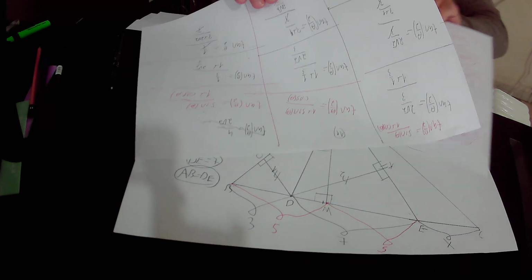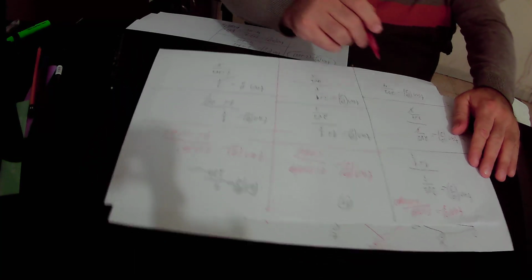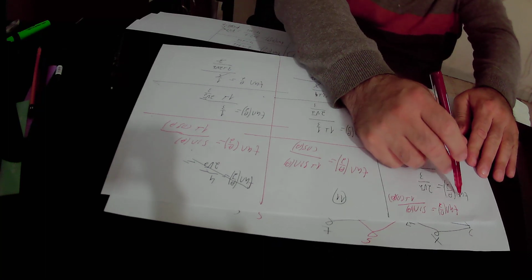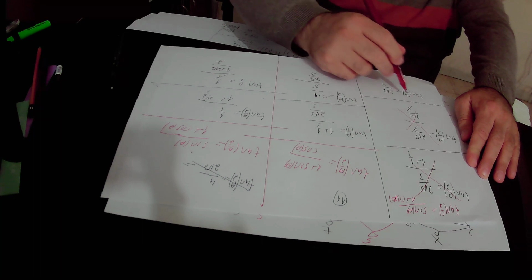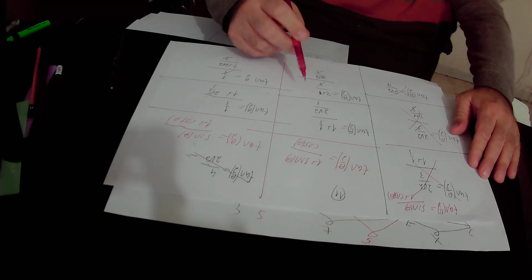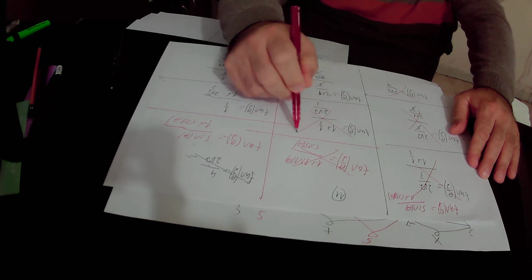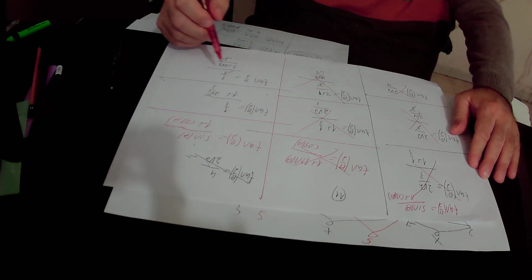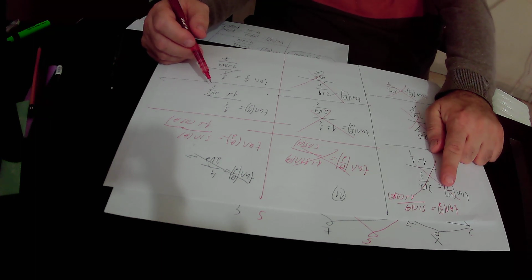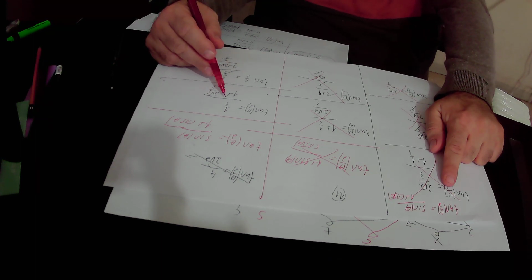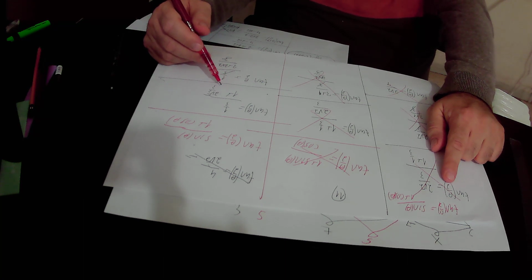So tangent theta over 2 equals sine theta, that is 1 over 3, over 1 plus cosine theta.